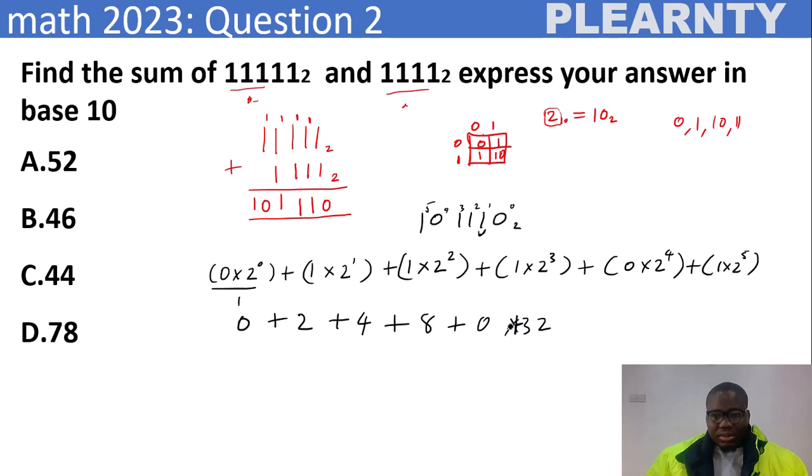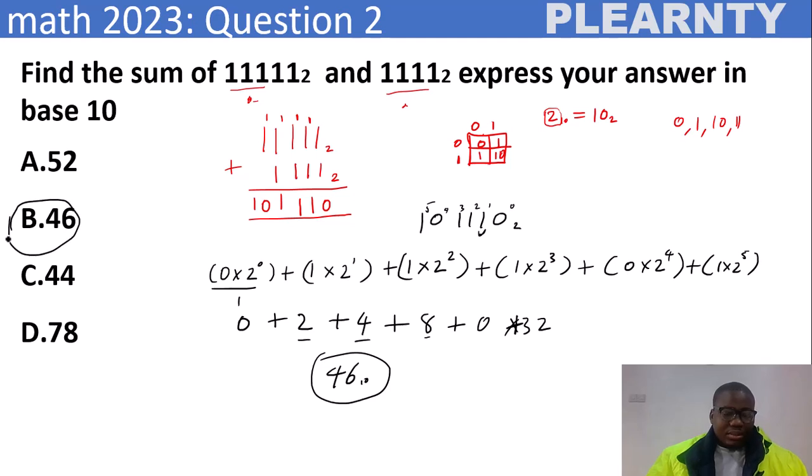It's supposed to be plus. So when you say 32 plus 8, that's 40, plus 4 is 44, plus 2 is 46. So the final answer is what? 46 in base 10. So the correct option is B.